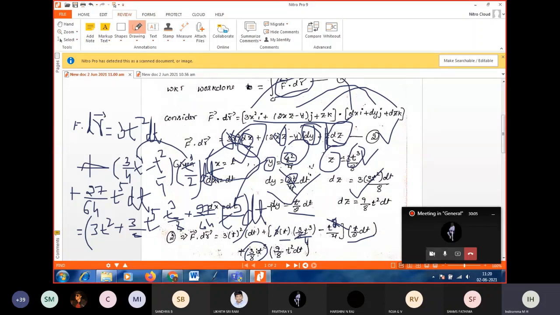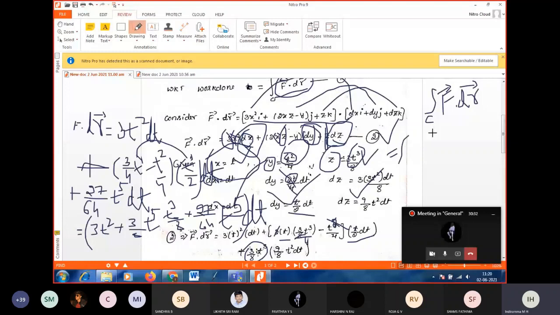So after finding vector f dot dr, what should we consider? The integral. Now, next line, consider integral over c of vector f dot dr. Integrate on both sides. So which is equal to integral.